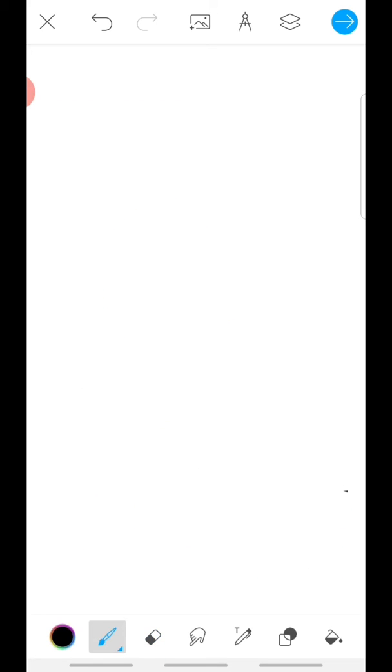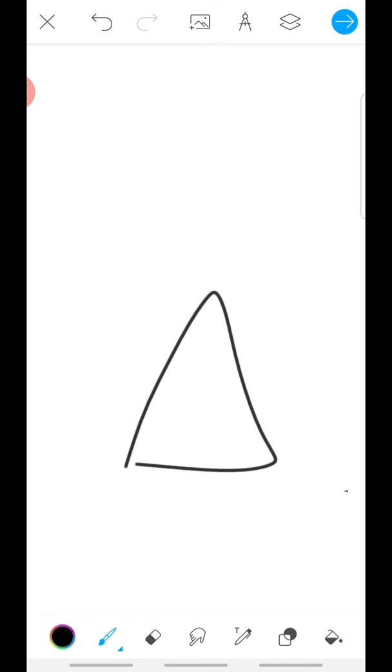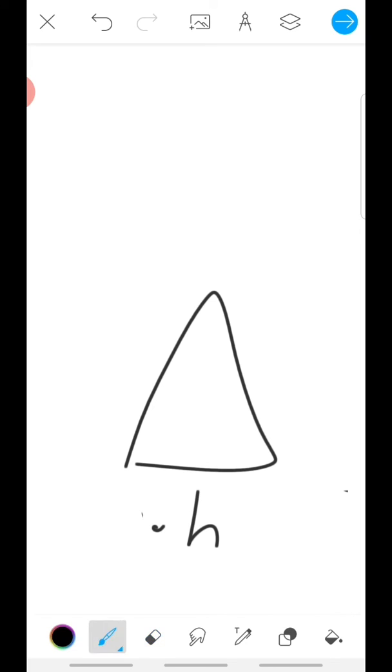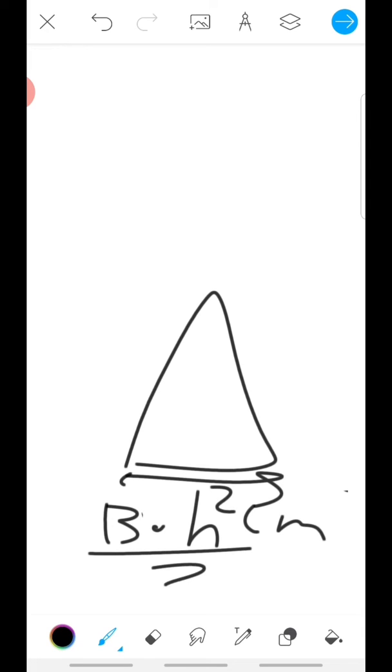And for the triangle, it's just the same. It's base times height. Remember that. It's always base times height on these simple shapes, not on the circle. So it's base times height. This is the base. Let's say it's 2 centimeters. But remember, triangle is always divided by 2 because it's half of a square or a rectangle or anything like that.